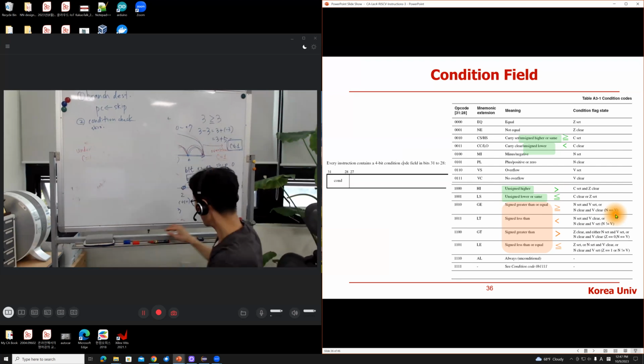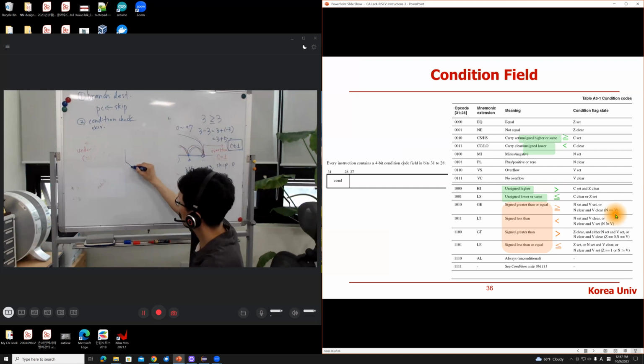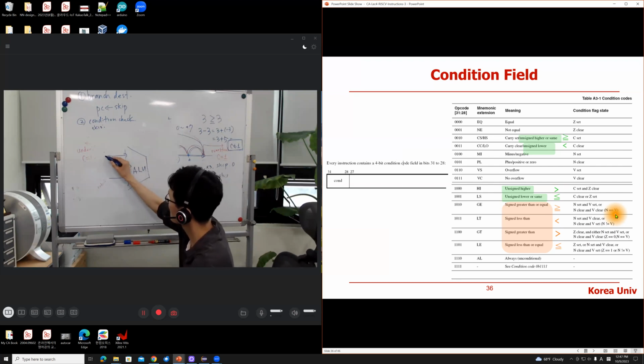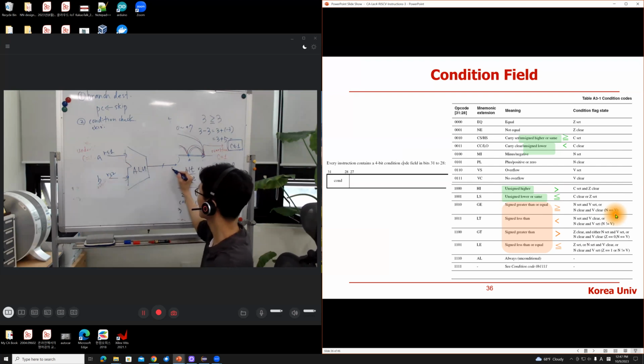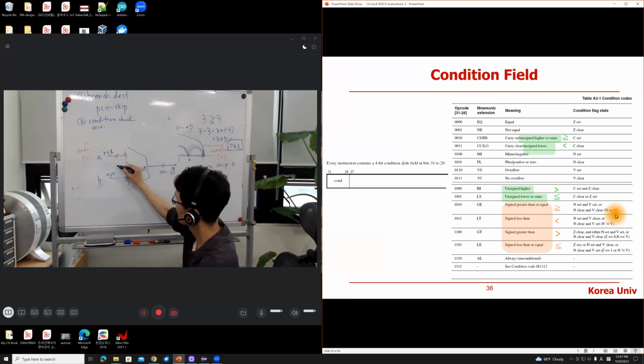Again, these flags are coming from the ALU. The ALU is taking two source operands, RS1 and RS2, and then the actual output. So let's say A and B and Y, 32-bit each.